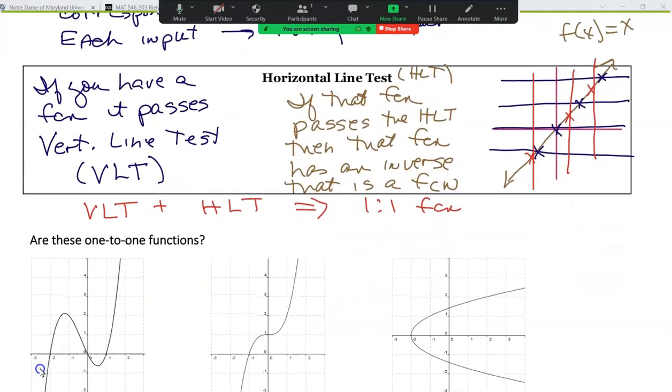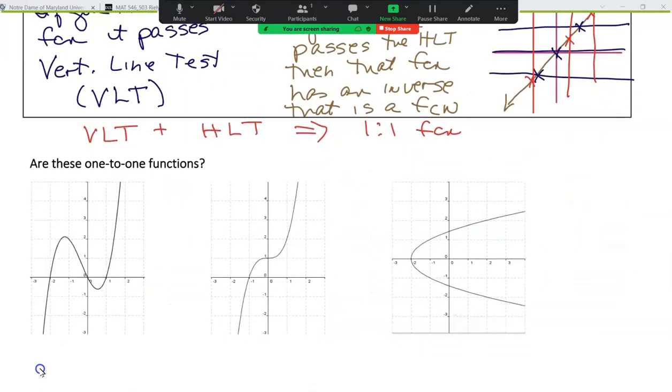So let's look at other functions. Okay, look at this first one. That's a cubic. All right, look what's going to happen if you try to do a horizontal line test. So you're hitting 3 places. So this fails the horizontal line test. So this is not one-to-one. Okay, let's do the next one. Okay, so one comment about this next one, which can be a little bit misleading.